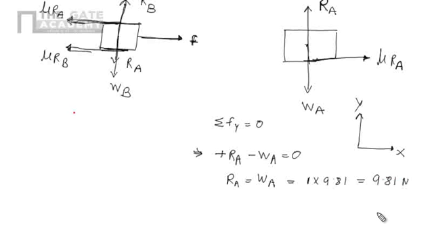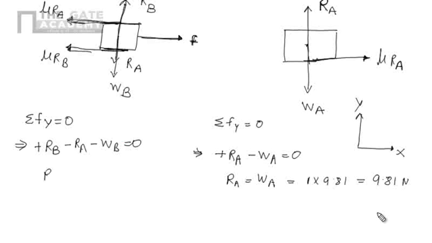Now we can apply condition number 1, that is the algebraic summation of all vertical forces should be 0. So here we can write plus RB minus RA minus WB equals 0.